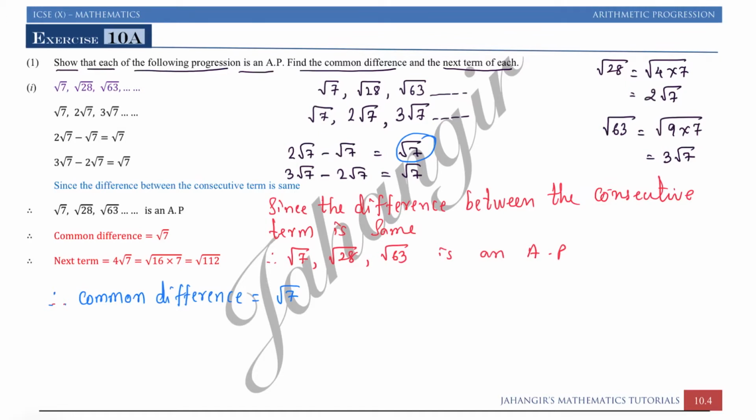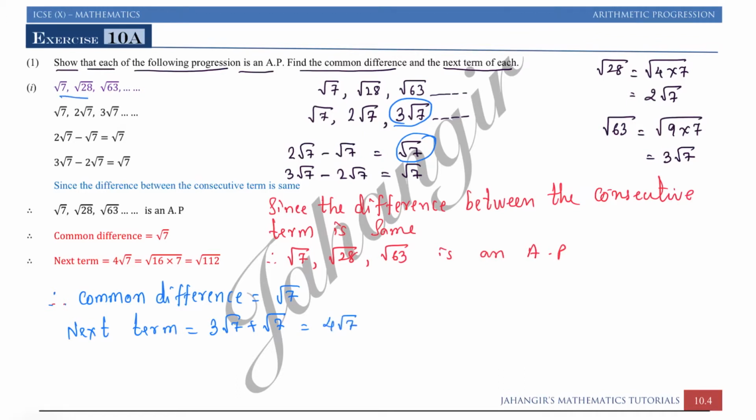Now you have to find next term. Next term, that is fourth term. So next term के लिए what we will do, our third term is 3 root 7, उसके साथ we will just add root 7, because if you keep on adding root 7 you are getting the next term. So 3 root 7 plus root 7 is 4 root 7.